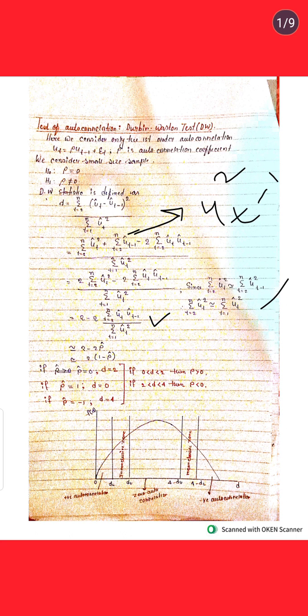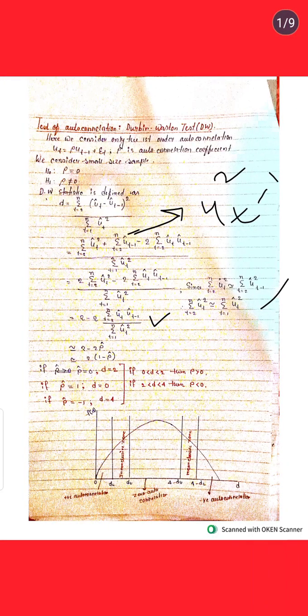In the horizontal axis, we consider the Durbin-Watson value d, marked as d_L, d_U, 4 minus d_U, 4 minus d_L.